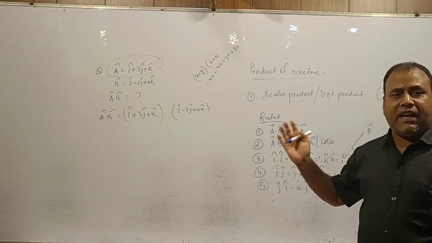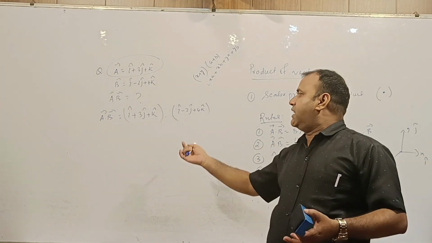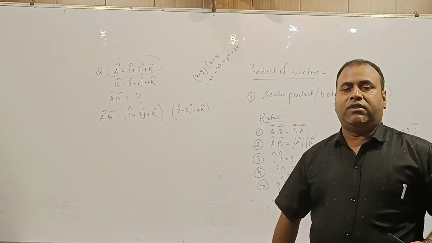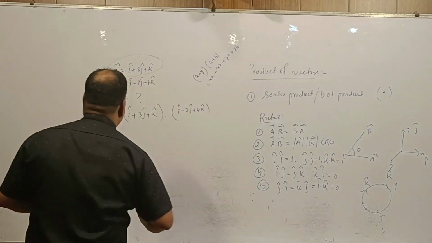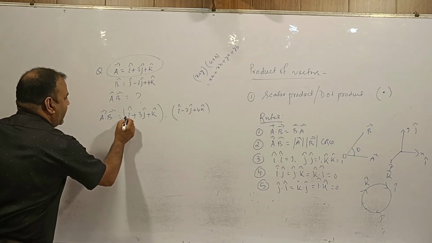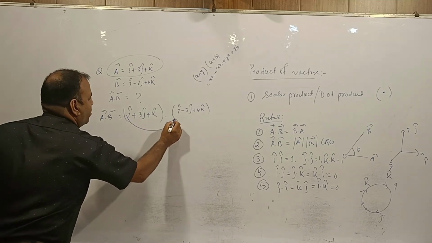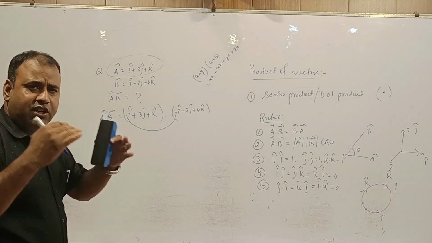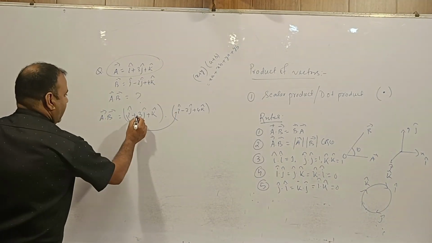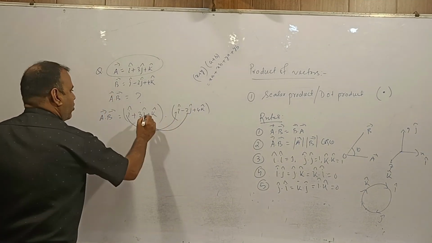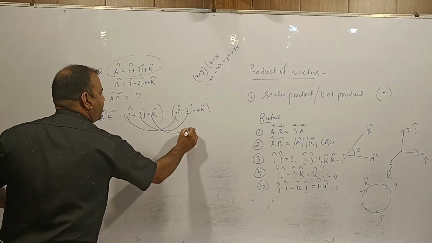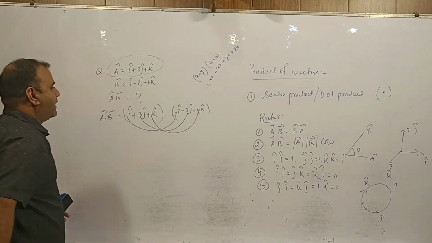But in case of vector, you always remember there is a different rule. You remember what is the rule? The coefficient of i cap multiplies with the coefficient of i cap. I am giving a very shortcut process. And here the coefficient of j cap with j cap, and the coefficient of k cap with k cap.